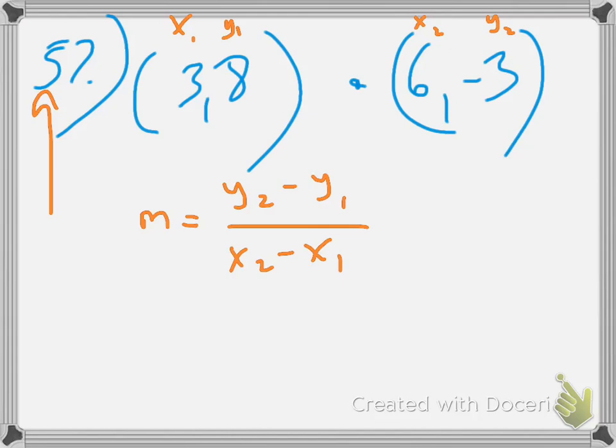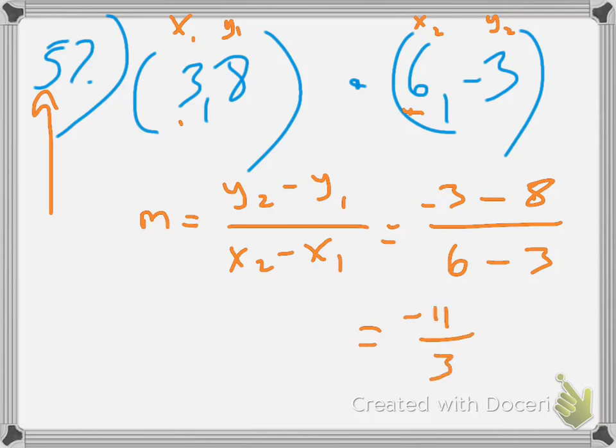So let's subtract the second y, 3, minus the 8, the first y, over, start with this guy, 6, take away 3. Minus 3 minus 8 is minus 11, over 3. That's the slope.